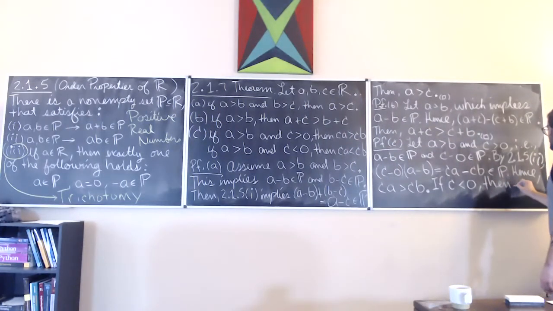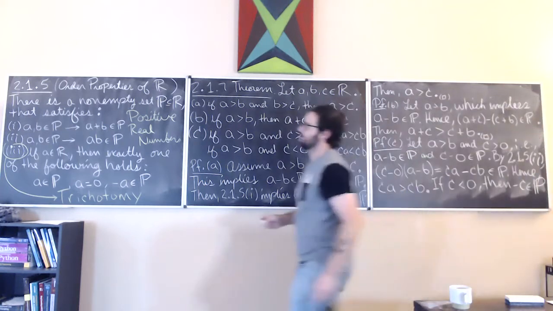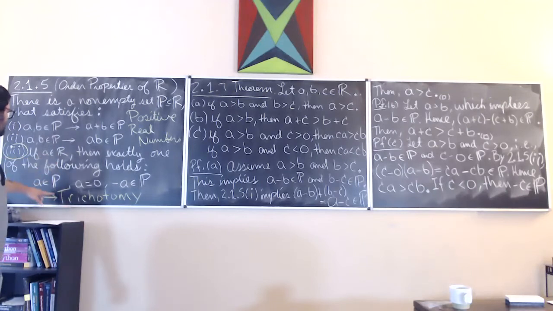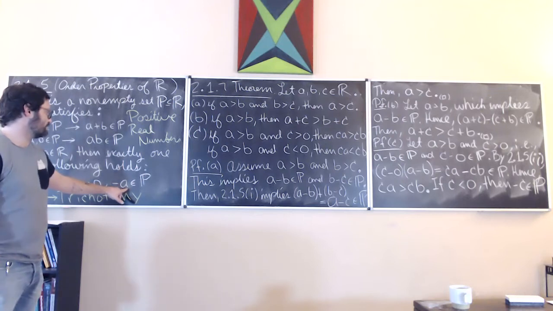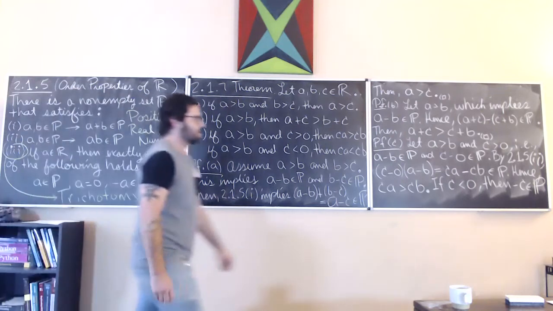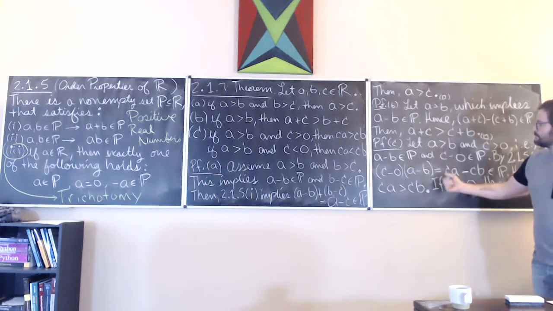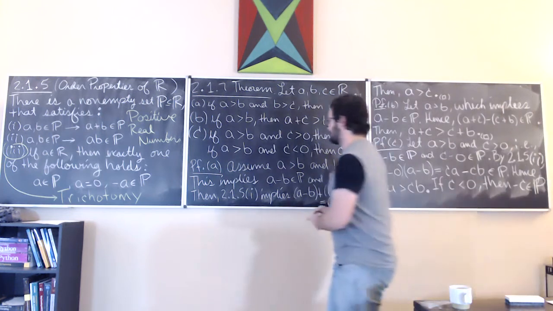Then negative C is a positive real number by the trichotomy property, 2.1.5. If you're a real number, you're either a positive real number, equal to 0, or the negative of that number is in P. So if we assume that C is less than 0, then it's not in P, but negative C has to be. So now negative C is a positive real number, and A minus B is a positive real number.